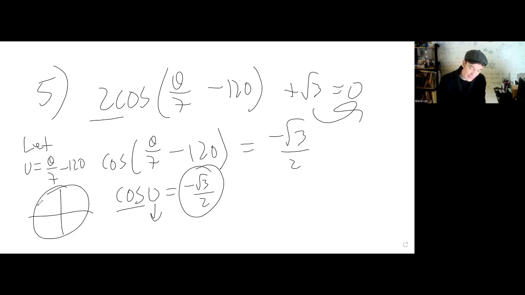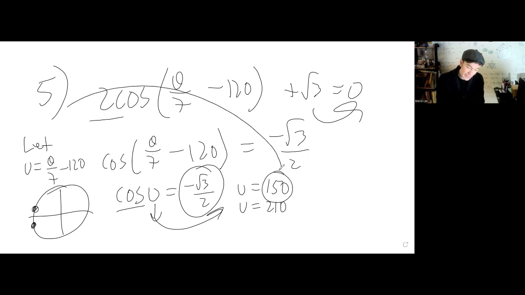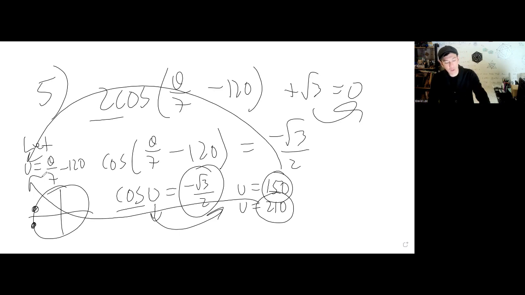That would happen here or possibly there. So the values of u could be 150 or possibly 210. Those are the u values, but the goal is to find theta. So take 150 and plug it in for u there, and then take 210 and plug it in for u there. Two setups, two answers.